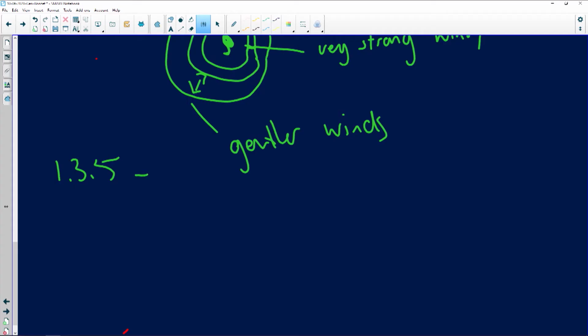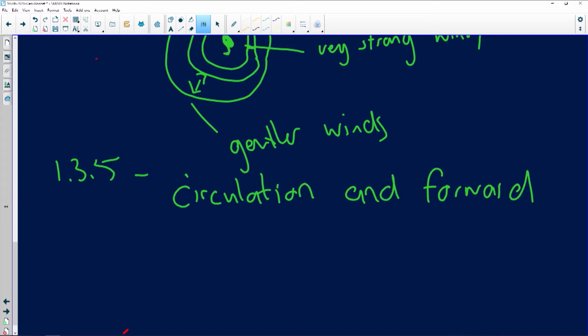Okay, now how does the eye develop? Let's quickly have a look at it. There's usually the circulation and forward movement in the same direction.